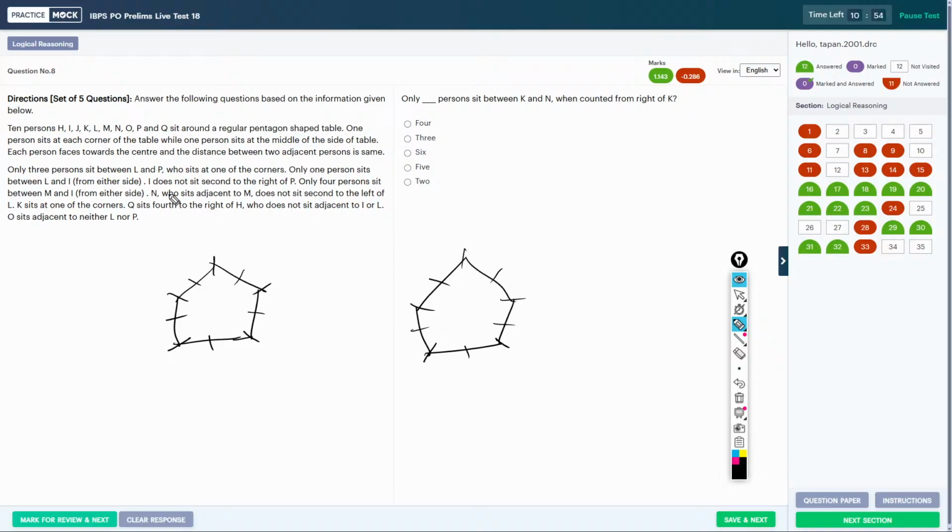Only 3% sit between L and P. P sits at one of the corners. So P 1, 2, 3 L, or P 1, 2, 3 L. Only 1% sits between L and I from either side. I does not sit second to the right of P.